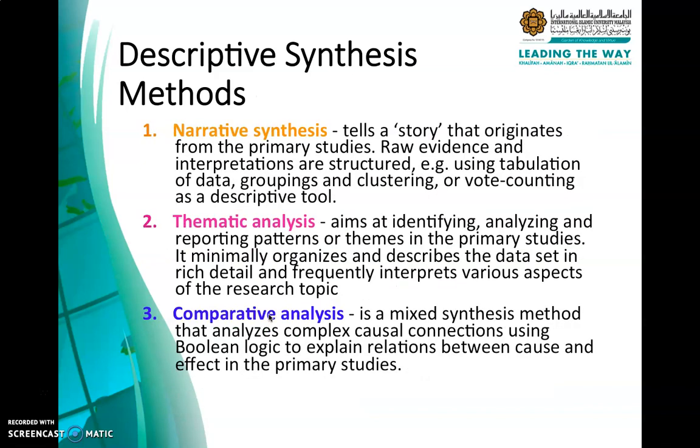Bear in mind that when we perform the synthesis of evidence, whether in our systematic review or mapping study, it is not necessarily that we have to use all of these methods. We choose the methods if it's suitable.